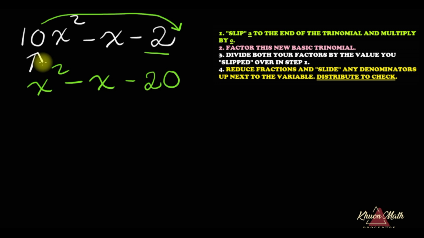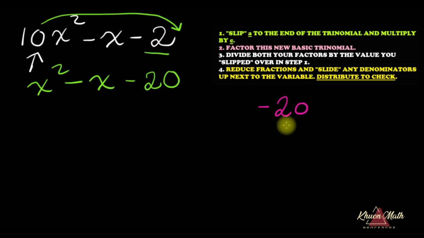Okay, because now your leading coefficient is 1, so it's a lot easier. And I also have a video on how to do this using the procedure. Okay, so that's step number 1. Step 2, what are we doing for step 2? Well, step 2, we're going to factor this basic trinomial. So we're going to list c is negative 20.